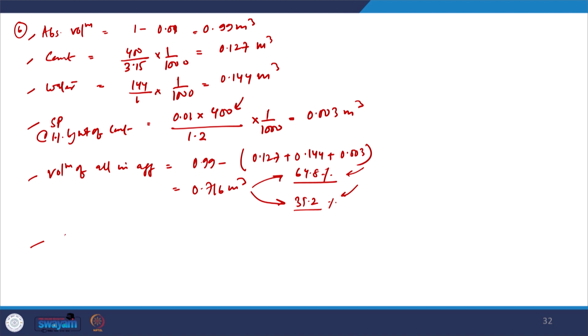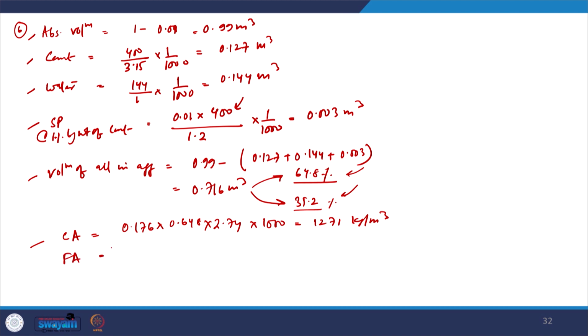So, the weight of coarse aggregate becomes equal to 0.716 into 0.648, specific gravity is 2.74, into 1000. So, in kg per meter cube this becomes equal to 1271 kg per meter cube.